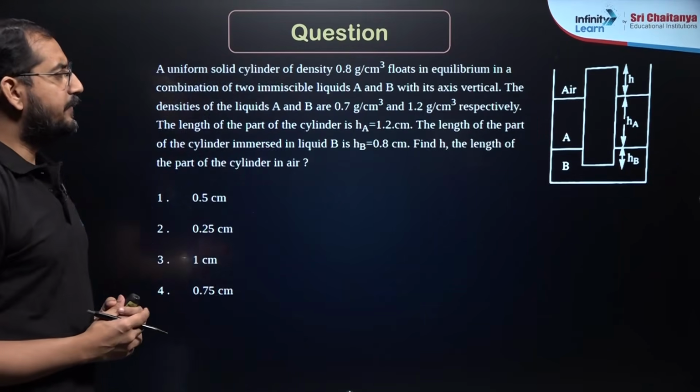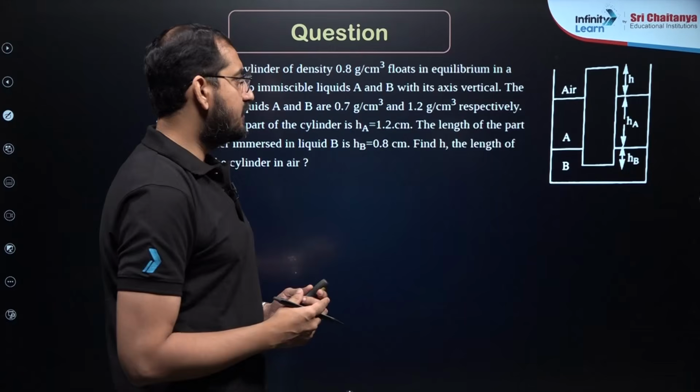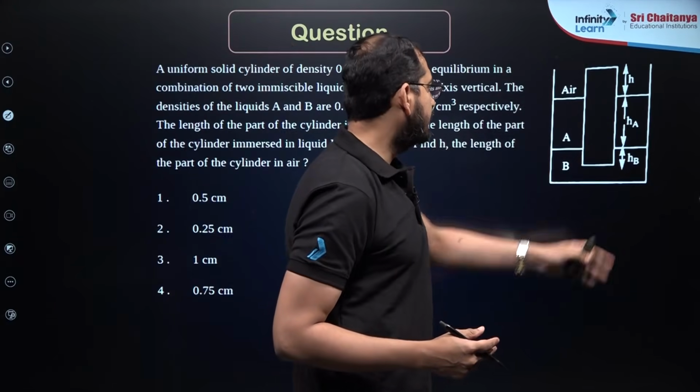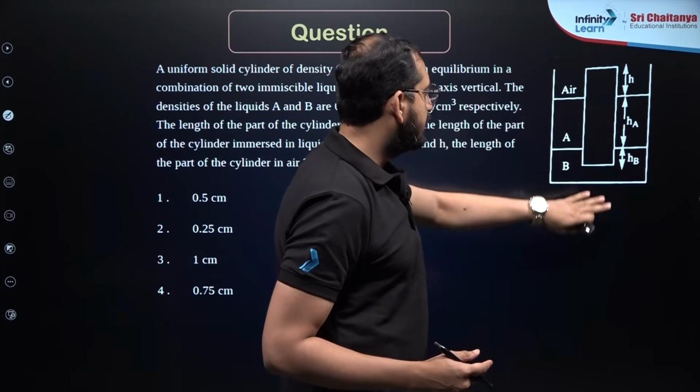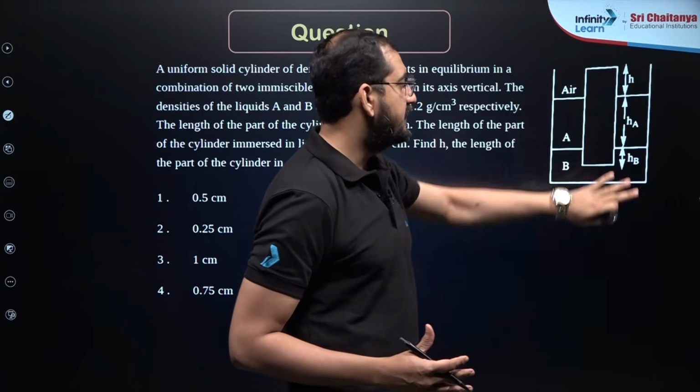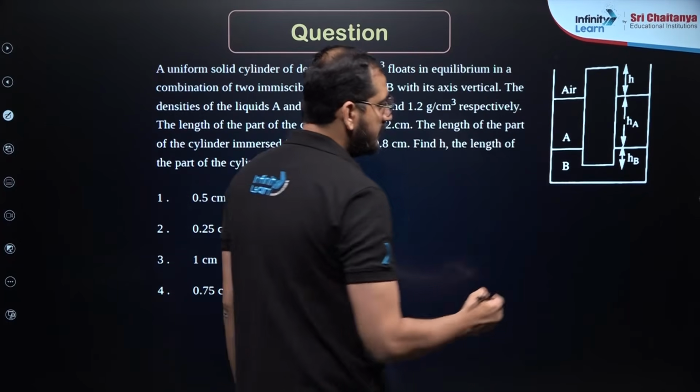All right. So this is a question full of fluid mechanics, where there is a body over here, and this body is kind of trapped between these liquids. So what is happening here?